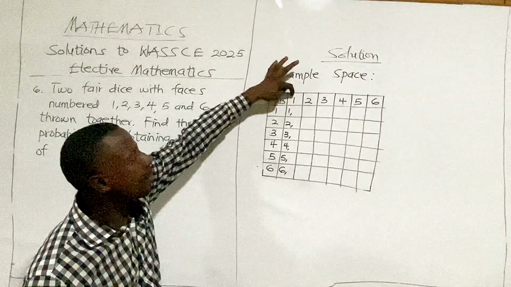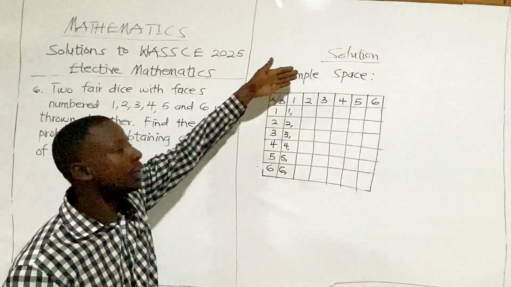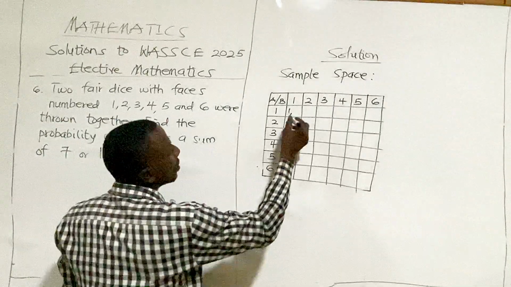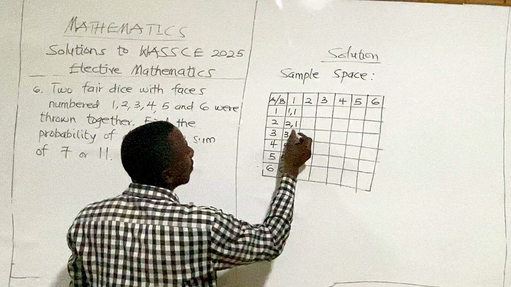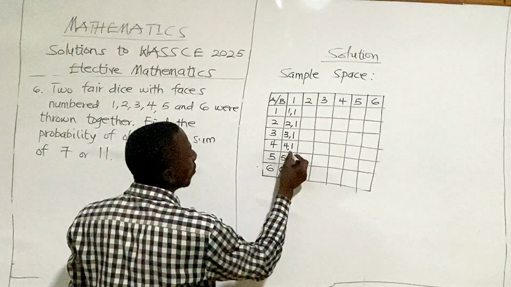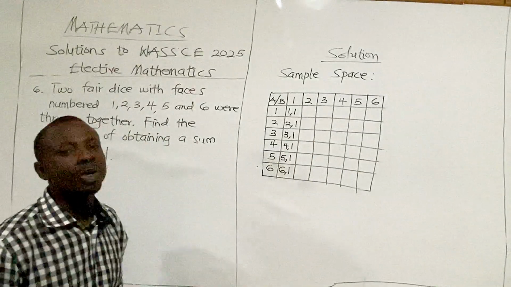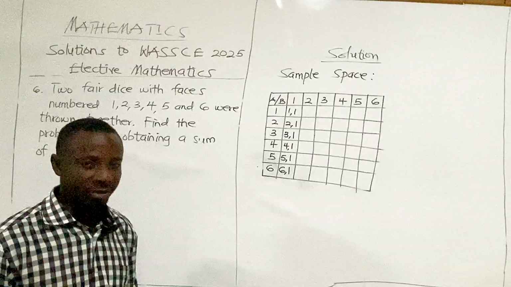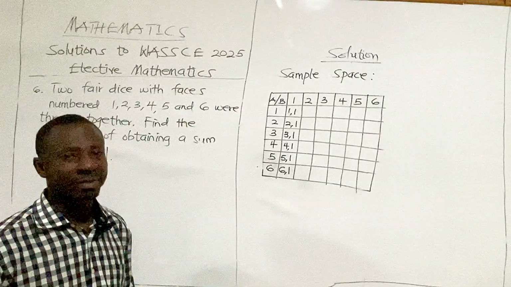Then let's check the number on top here. The number on top here is 1. So the 1 will run through: 1, 1, 1, 1, 1, 1. You are done with the first column. Very simple.